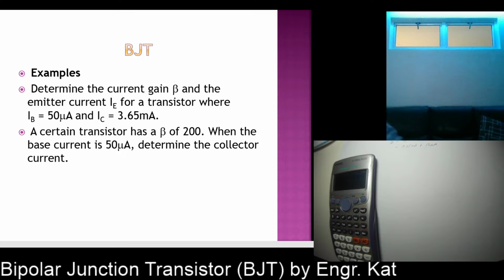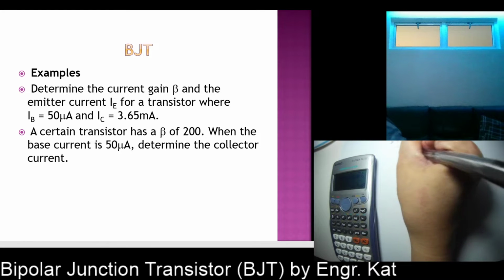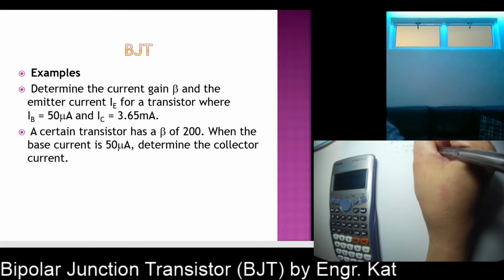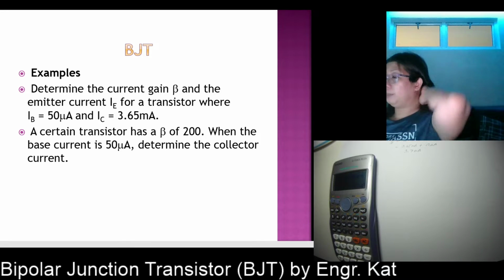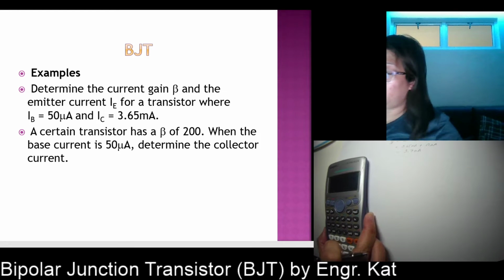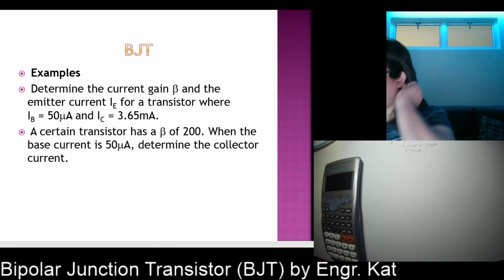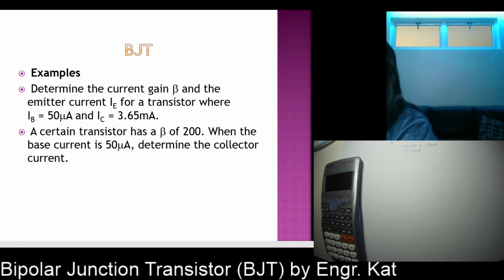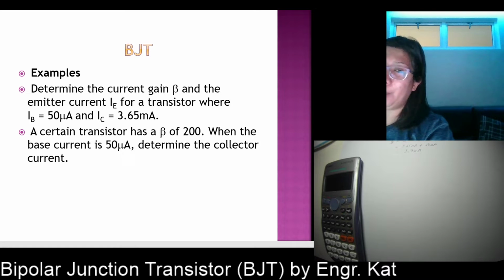The answer is 3.7 milliamperes. So simple addition, okay? So just bear with me with the calculator because I'm not really familiar with it. So that's it. Just as simple as that.